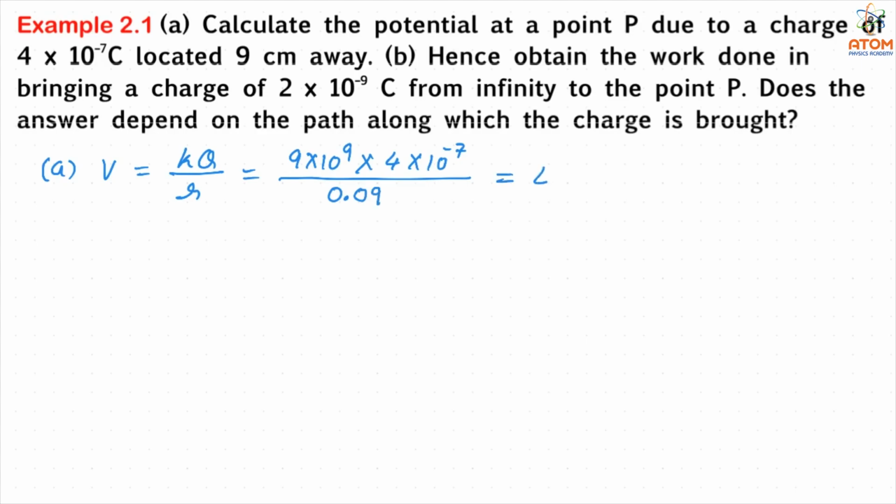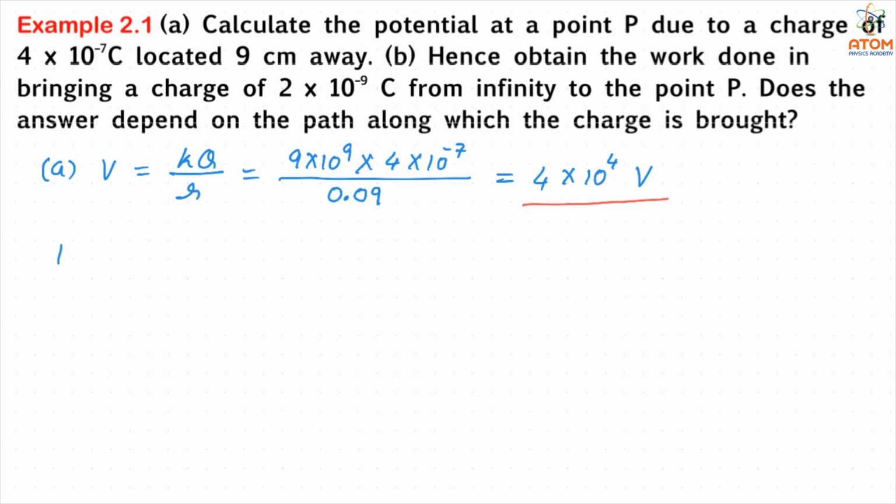So solving this, it's simple that you will get 4 into 10 raised to 4 volt. The unit of potential is volt, and so this is the first answer, A.